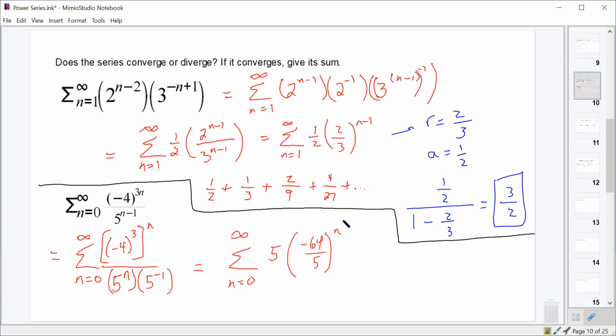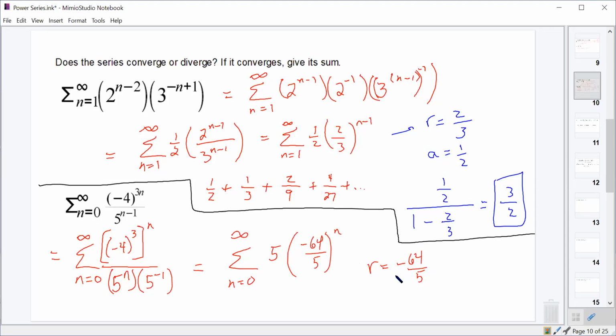Yes. All right. So what is the common ratio here? What am I going to be multiplying each thing by? Each successive term. Negative 64/5, exactly, the thing that I've raised to the nth power.